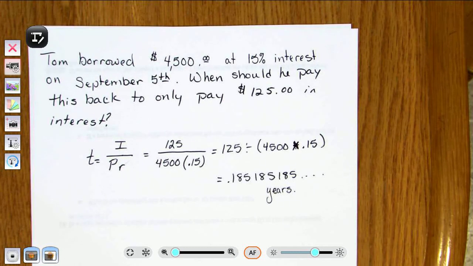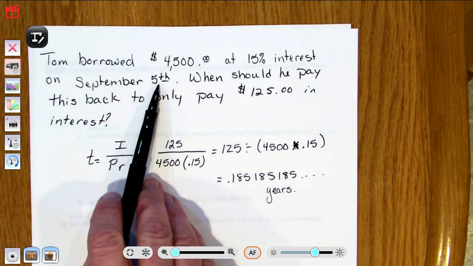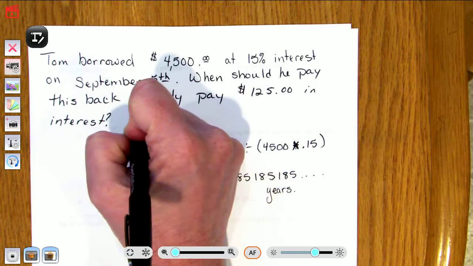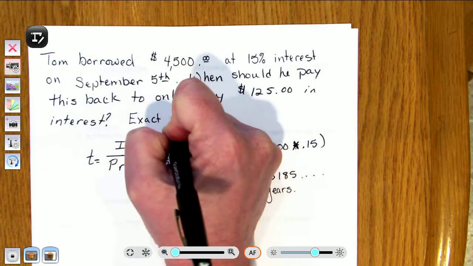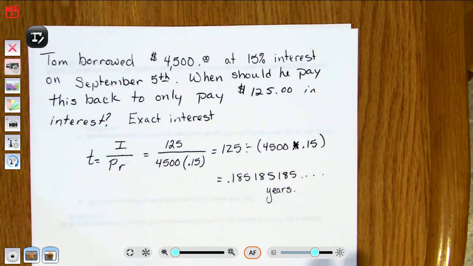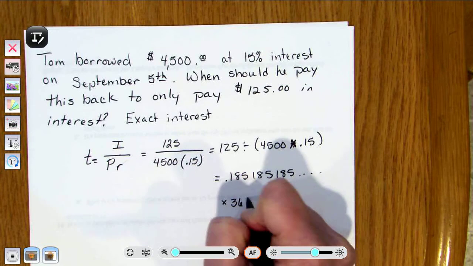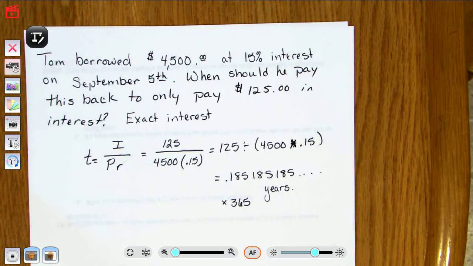Thinking what we did when we had days, we would divide by 360 or 365. Since I am looking for specific days, I'm going to use exact interest. And so instead of dividing, I'm going to take this guy and multiply by 365. So I'm going to take that guy, which is already still sitting in my calculator, and simply times 365.